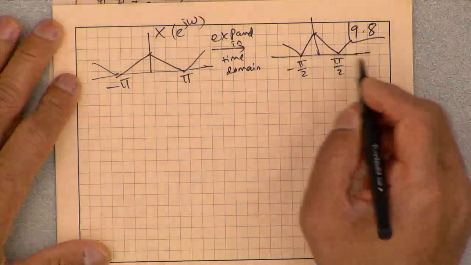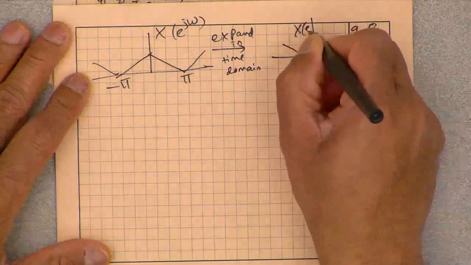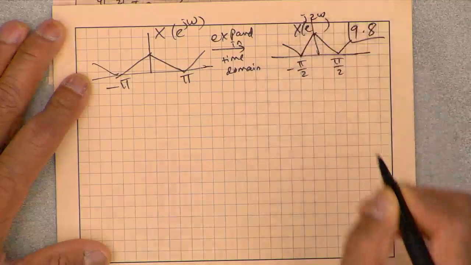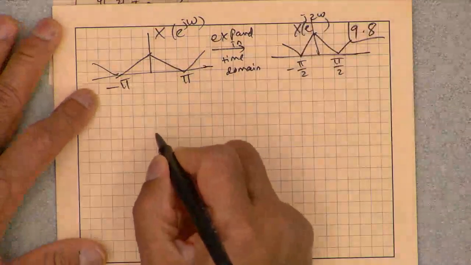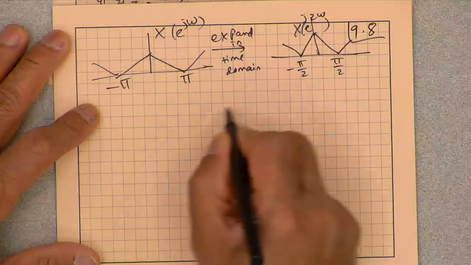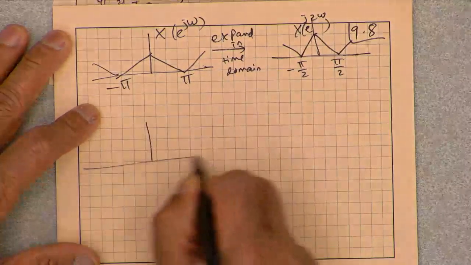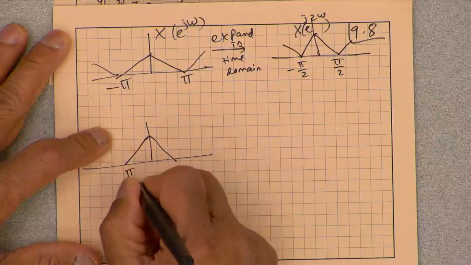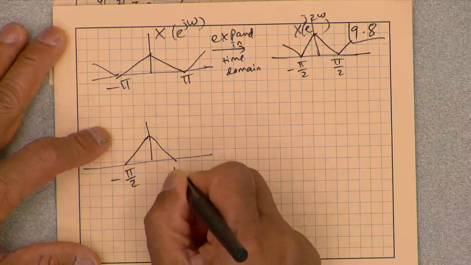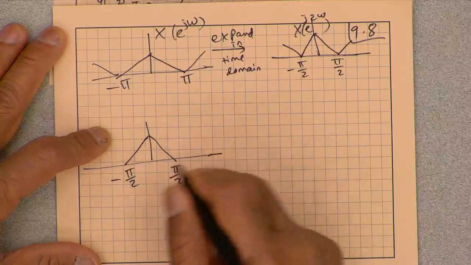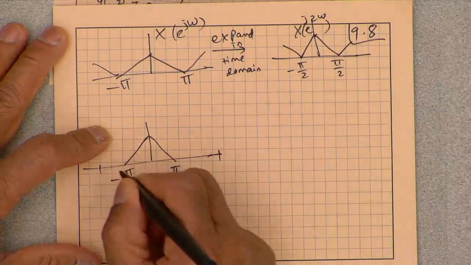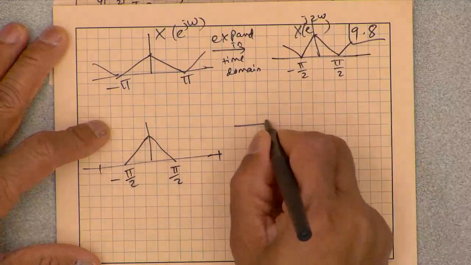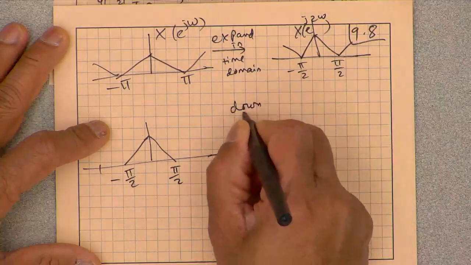You can call this X(e^{j2ω}). Now the effect of downsampling: if I had some spectrum until pi by 2, and if I have more than pi by 2, then there will be aliasing, so I won't talk about that. Then you downsample.